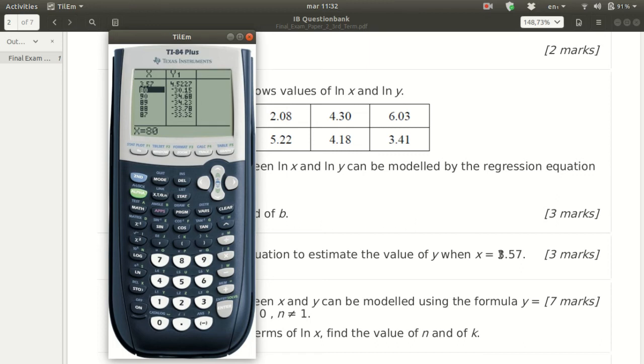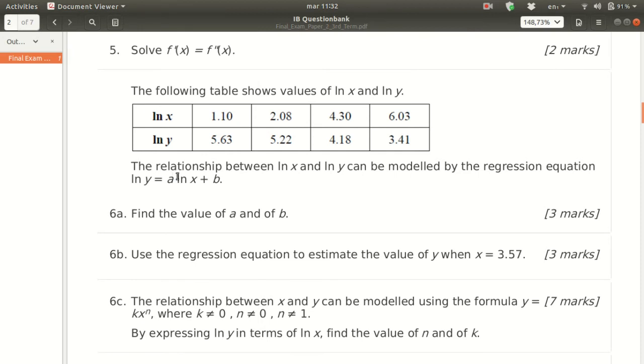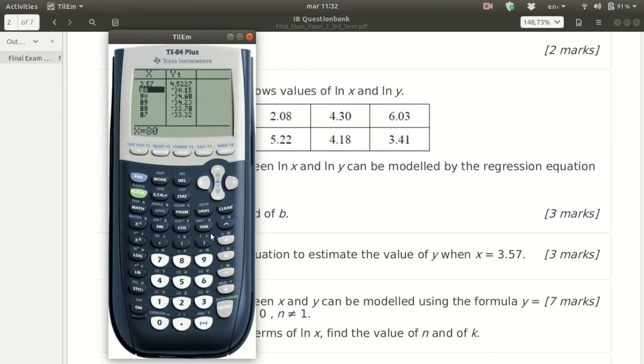That would be a big mistake, because this regression equation is in natural logarithm of x. So I'm going to do natural logarithm of 3.57. And I get 5.5648.